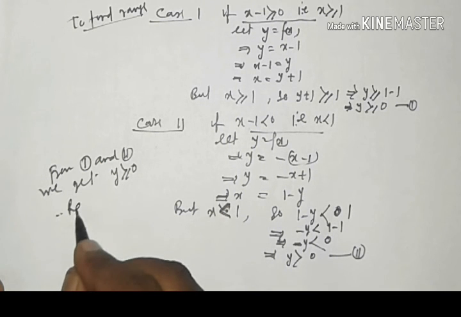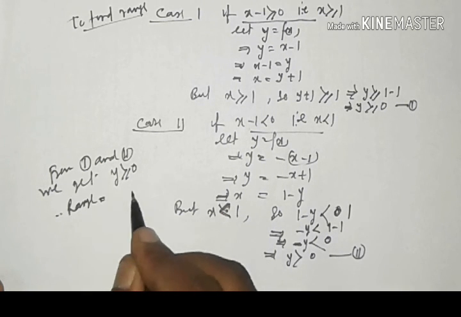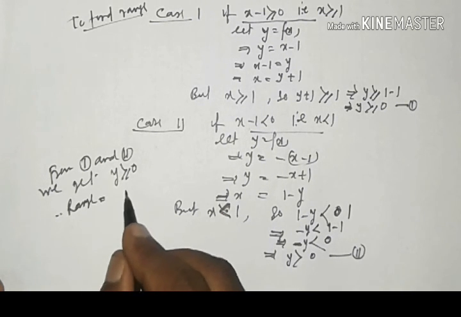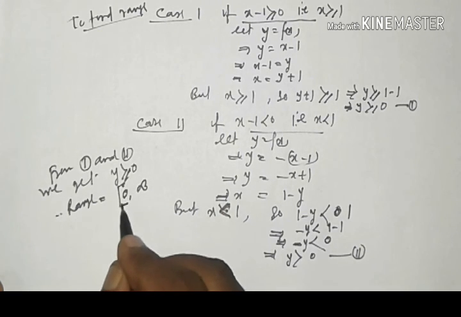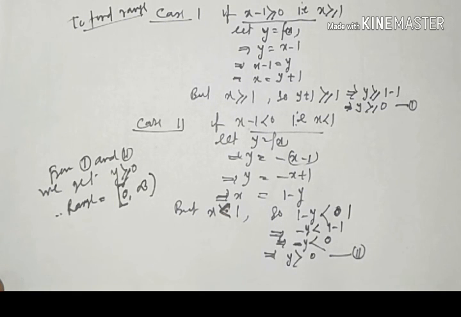Therefore the range is 0 to infinity. This is greater than or equal, so it is closed, and this is open. This is all about the solution of the problem.